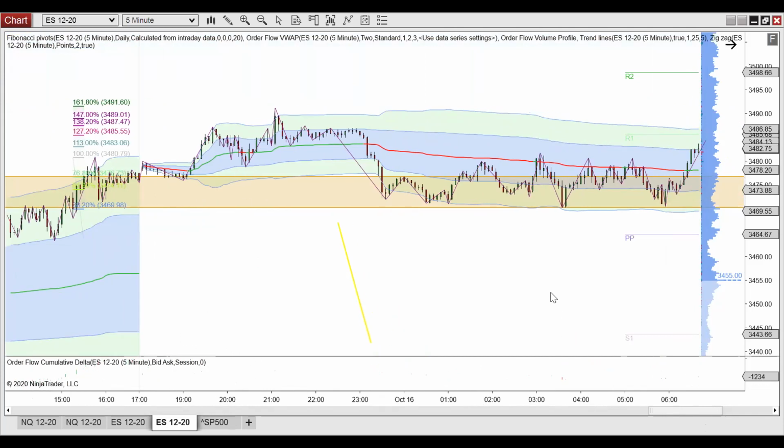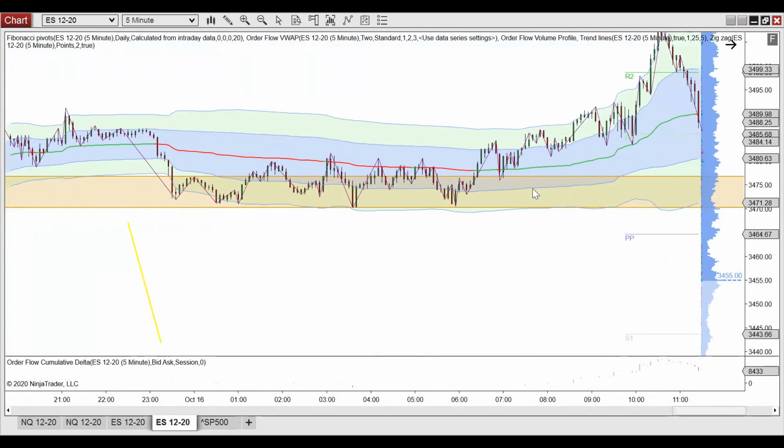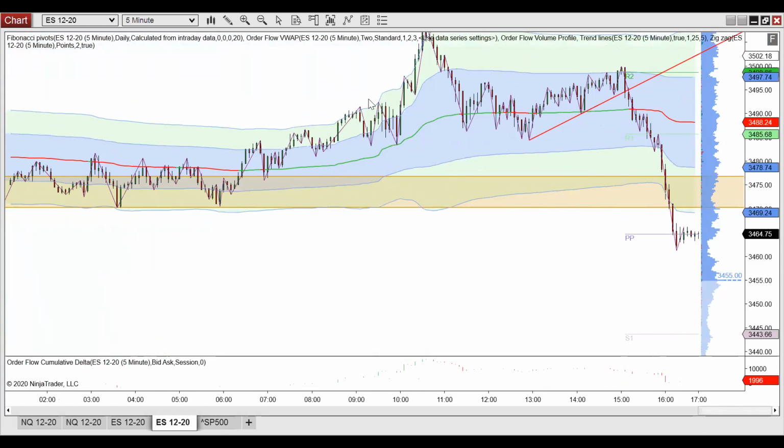So where was that? Right here, 6 o'clock up to the consumer sentiment, and then it started going down sideways. It only went to one standard deviation and then fell, and it fell below your trend line and below the VWAP. That's two violations already. You need to be going short.